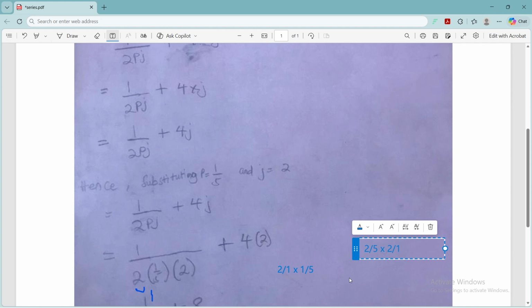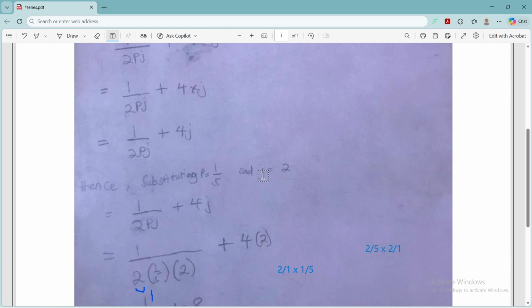So we are going to have 2 multiplying 2, which will give us 4, right? And 5 multiplying 1, which will give us 5, right? So we are going to get 4 over 5, right? So when we simplify further, 4 multiplying 2 will give us 8, right?